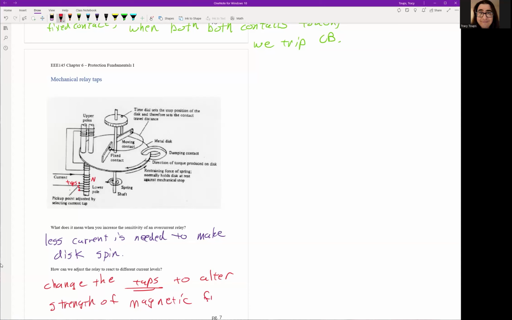Okay. Now think about it on the side, I'll say taps are kind of like turns ratios. So depending on which tap you choose, you could literally alter the turns ratio of the transformer, making the magnetic field.